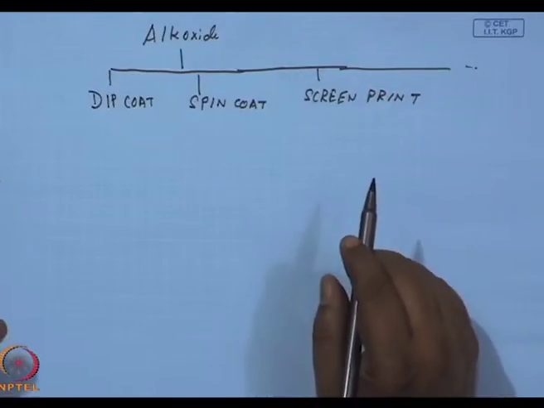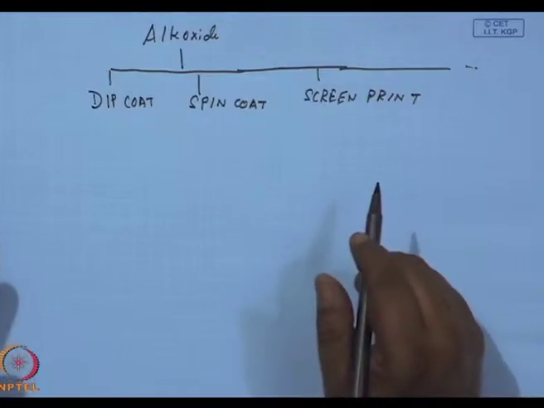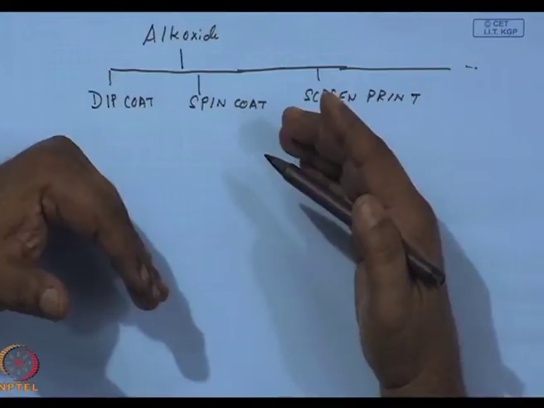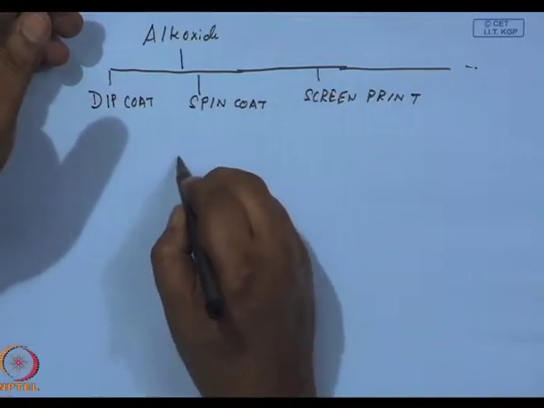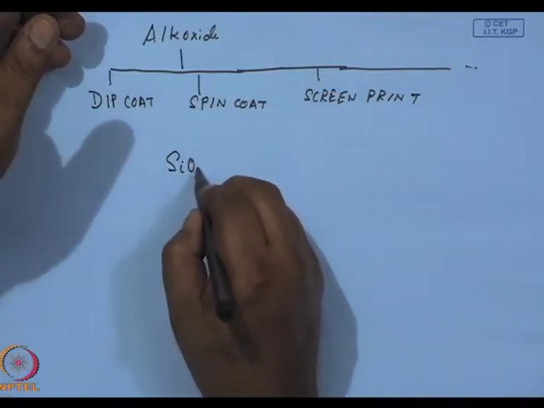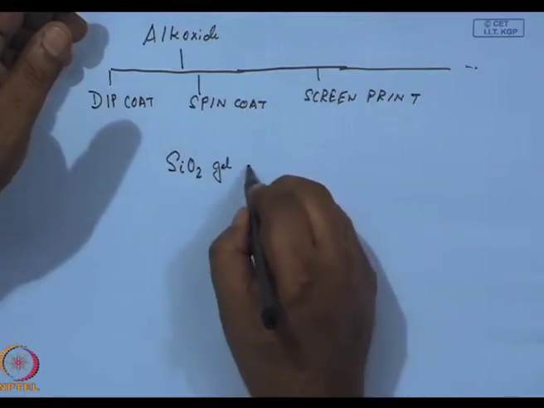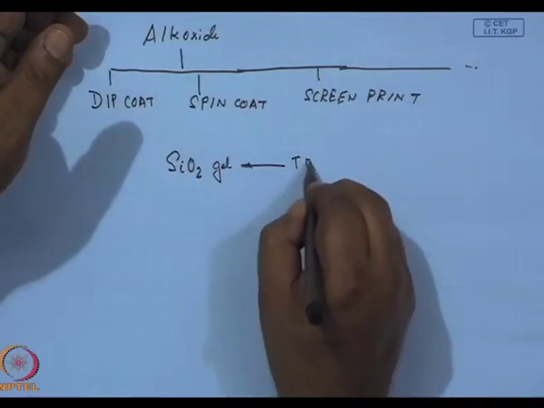One of the problems of alkoxide materials is, when we have a single component system, let's say, it is very easy to get SiO2 gel from TEOS.